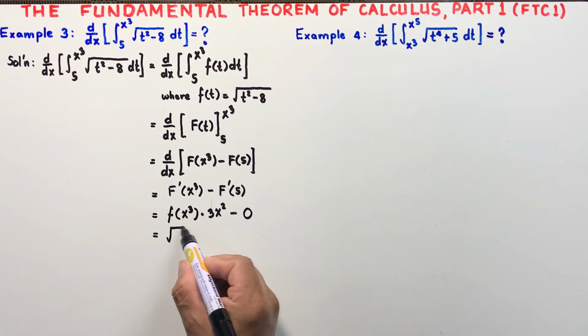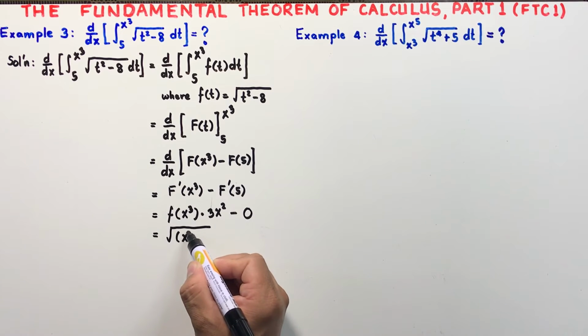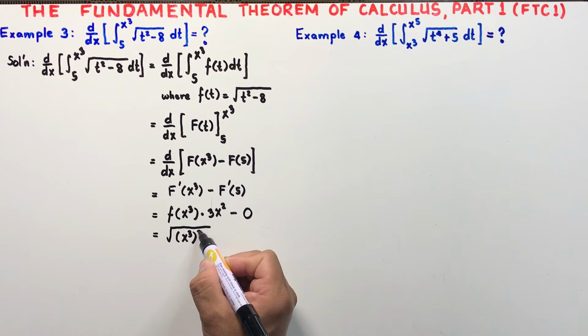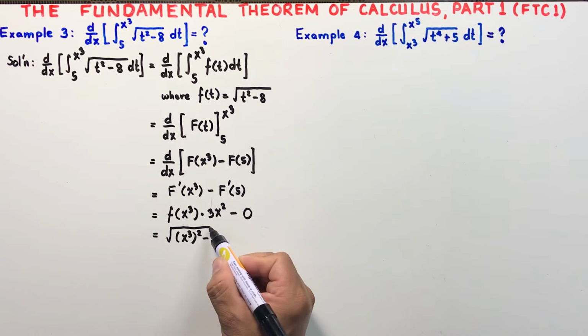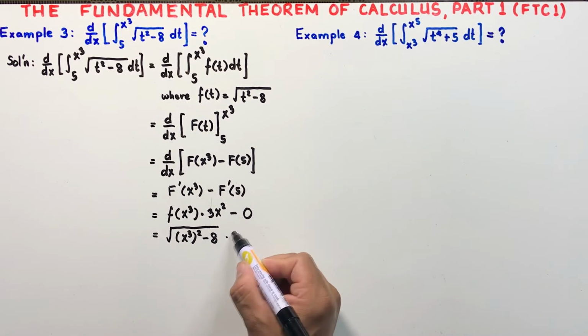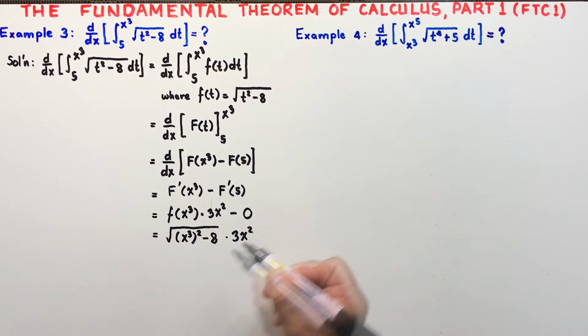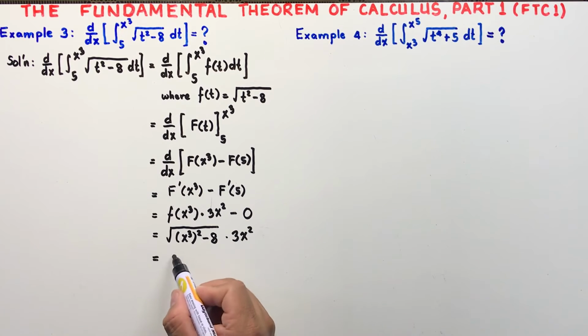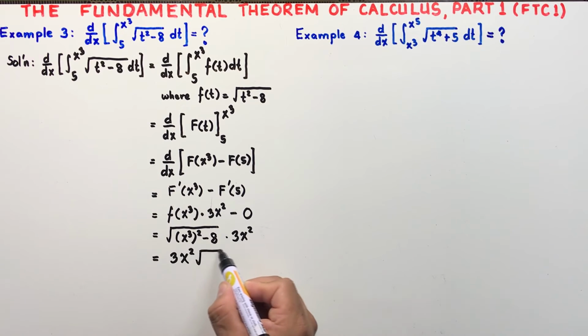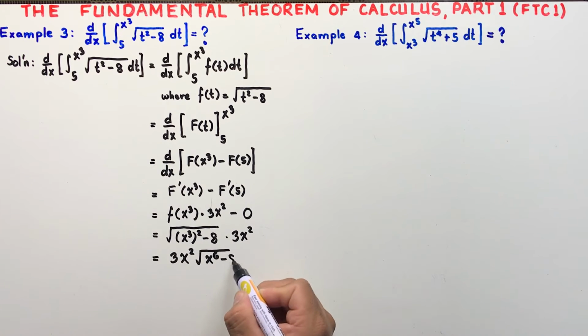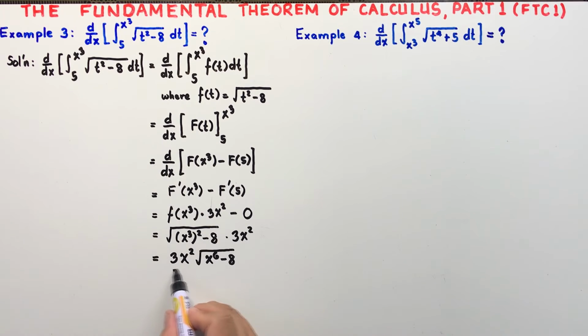So this is the square root of t, and our t is x cubed raised to the power of 2, because this is t squared minus 8, times the 3x squared. So finally, our answer is 3x squared times the square root of x to the power 6 minus 8. And this is our final answer here.